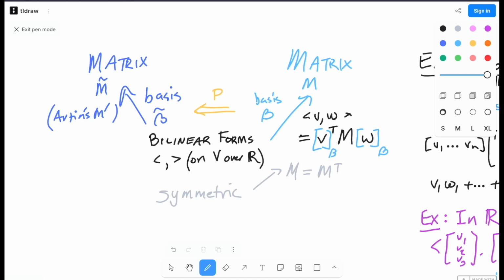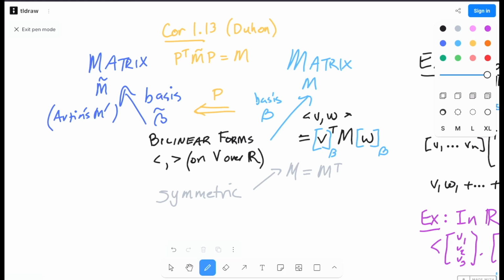And so this big result was what Artin calls corollary 1.13, argued last week. I've got to get this right, this is a little subtle: the relationship between these two matrices is as follows. If anyone knows this stuff really well, you can try to critique this, but I think this is actually correct.